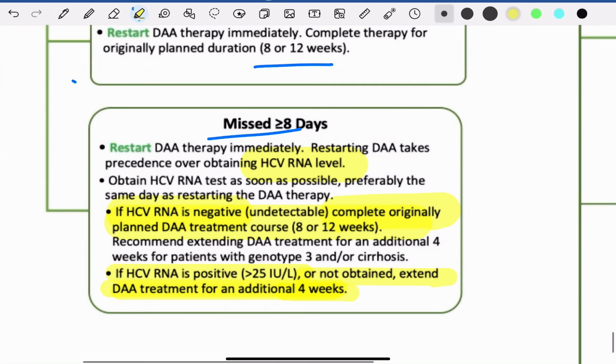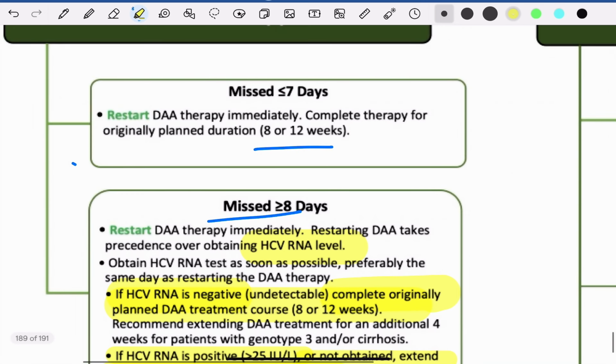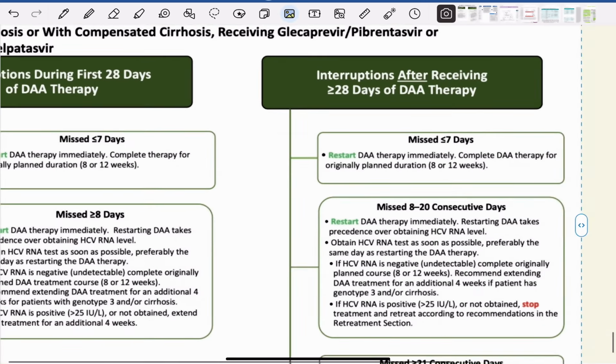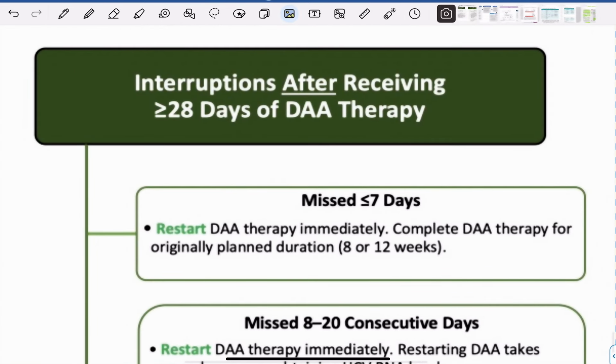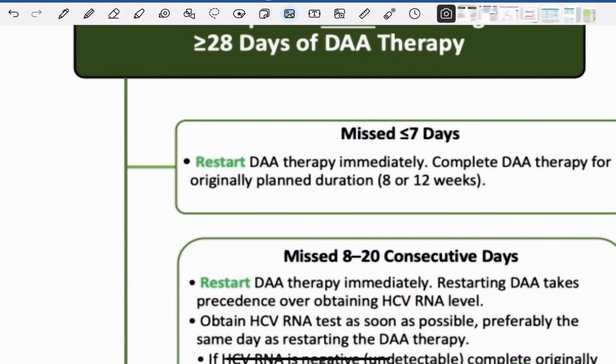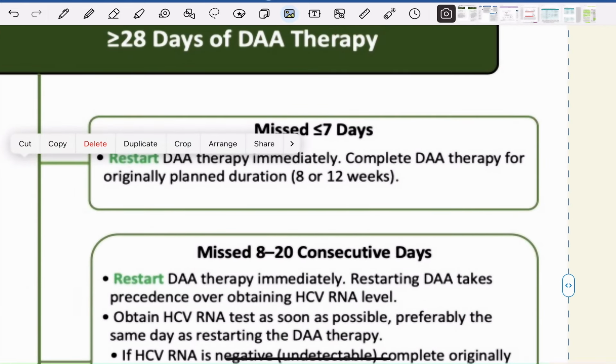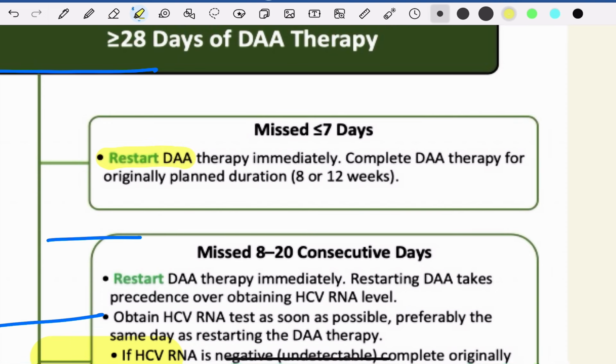So this is about when the patient misses tablets within 28 days of initiation of the first treatment. Now what if the patient has taken tablets correctly for 28 days, and after 28 days his mind has changed and he has stopped tablets? If he has stopped for less than 7 days, you restart the DAA immediately and continue as planned.